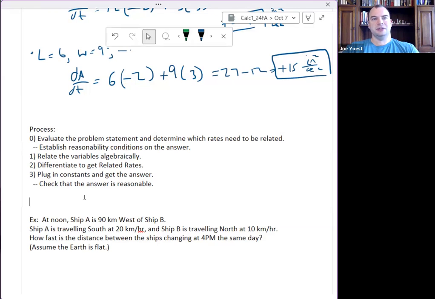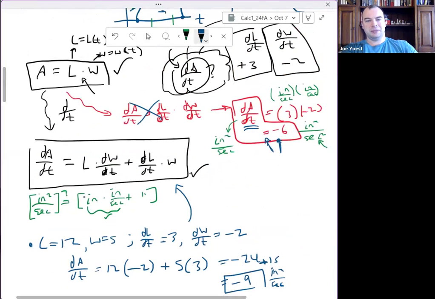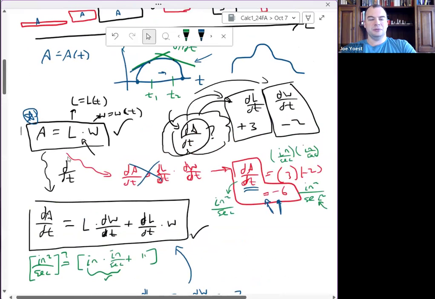This is going to use all of your geometry and trig and pre-calc and all of that knowledge from earlier courses. So often step one is quite a tricky part of the process. Up here, it wasn't a tricky one. That's a pretty easy set of variables to relate, but not all problems are this simple.